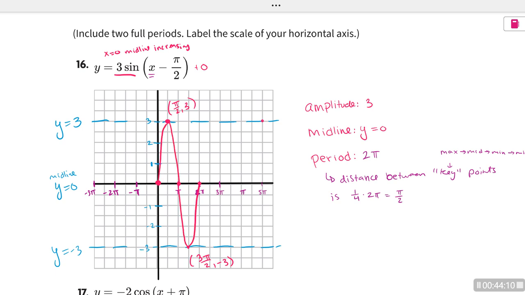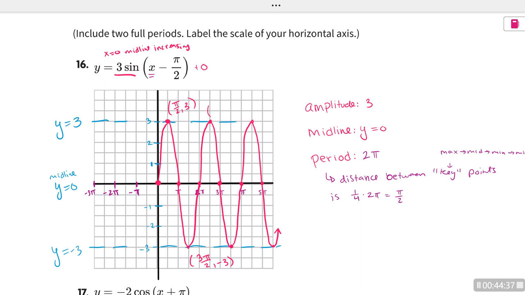So there is 1 full period. So I'm going to keep that up. Make sure these are curved lines. You don't want to look like a bunch of points here. They are curved.